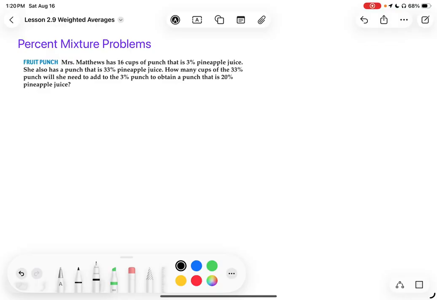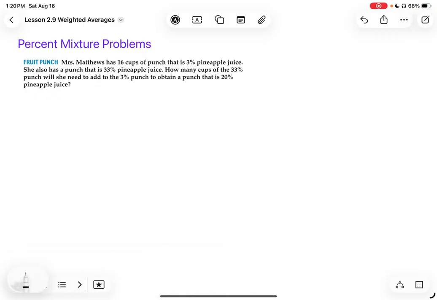And just like our mixture problems, we are going to create a table to keep things organized, and we are going to need 3 rows, one for our 3% punch, one for our 33% punch, and one for the overall mixture, which the problem says is going to be a 20% punch.